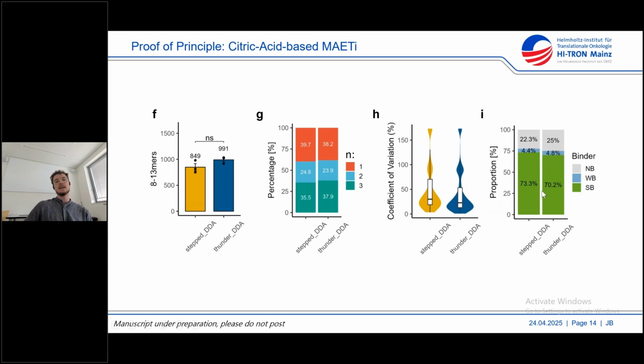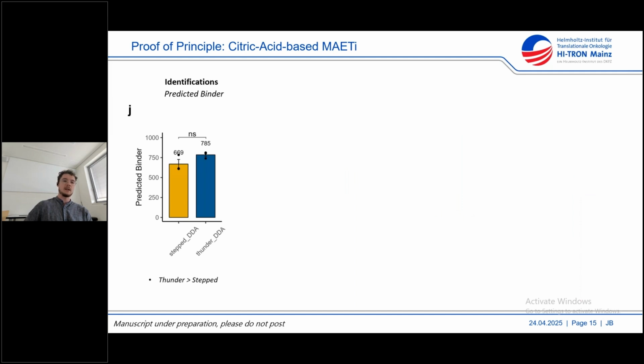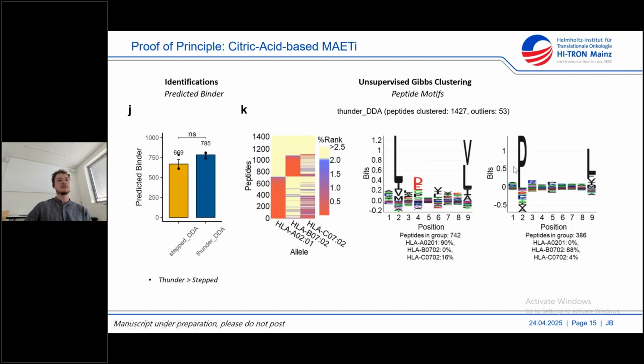Okay, and in this setup, among the 8 to 13 mers, we identified over 75% predicted binders that also followed the motifs that we would expect for our tested cell line JY here.